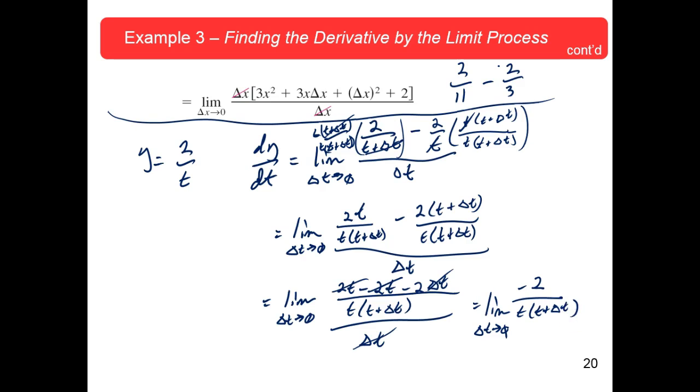Now, can we take a limit there? As delta t goes to 0, what does that leave you with? Minus 2, t times t is t squared. So your answer is minus 2 over t squared. There is your derivative.